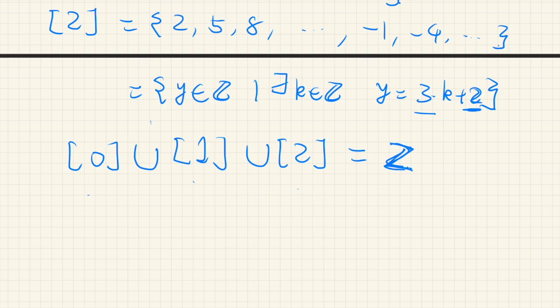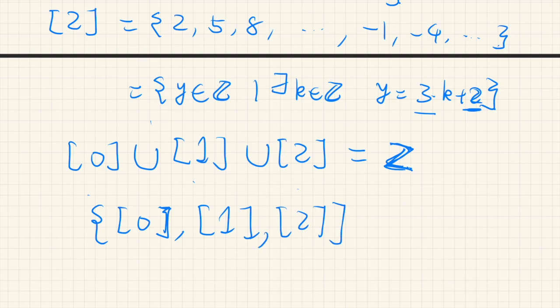So therefore, this collection of 3 subsets, bracket 0, bracket 1, and bracket 2, these subsets comprise a partition of integers.